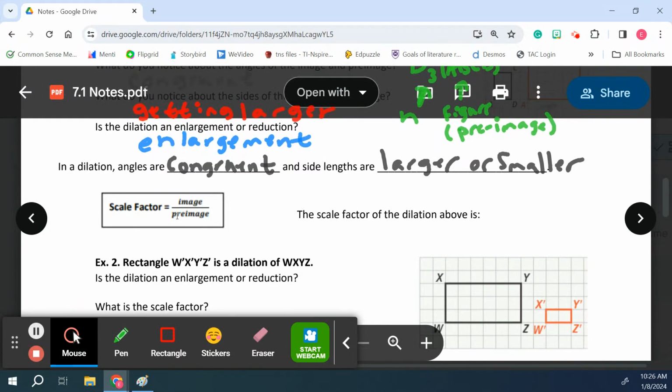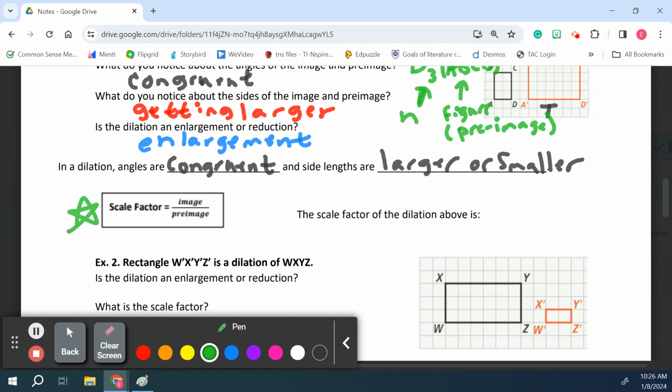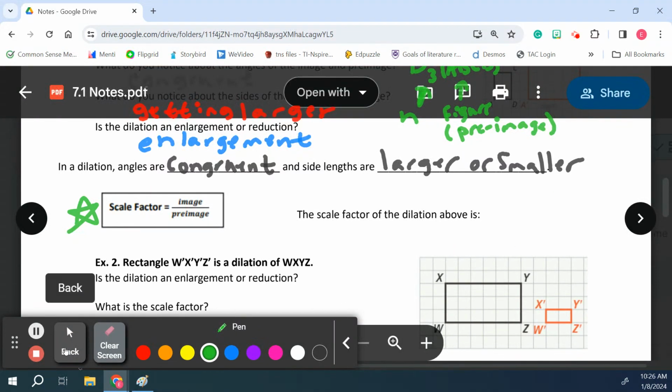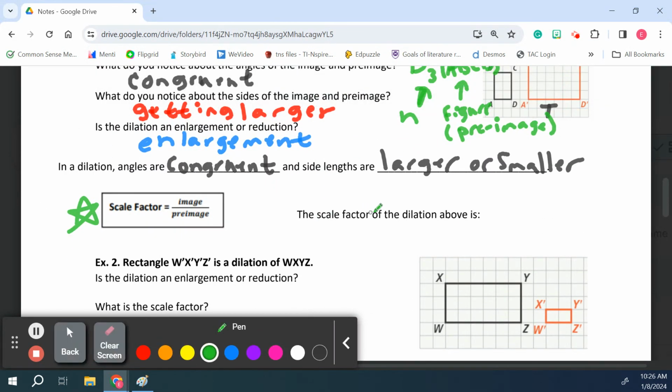All right, so our scale factor is usually found by the image over the pre-image. So you're going to want to star that. For the scale factor of the dilation above, the image is the larger one. I would take that 6 and divide it by 2, giving me my n equal to 3.